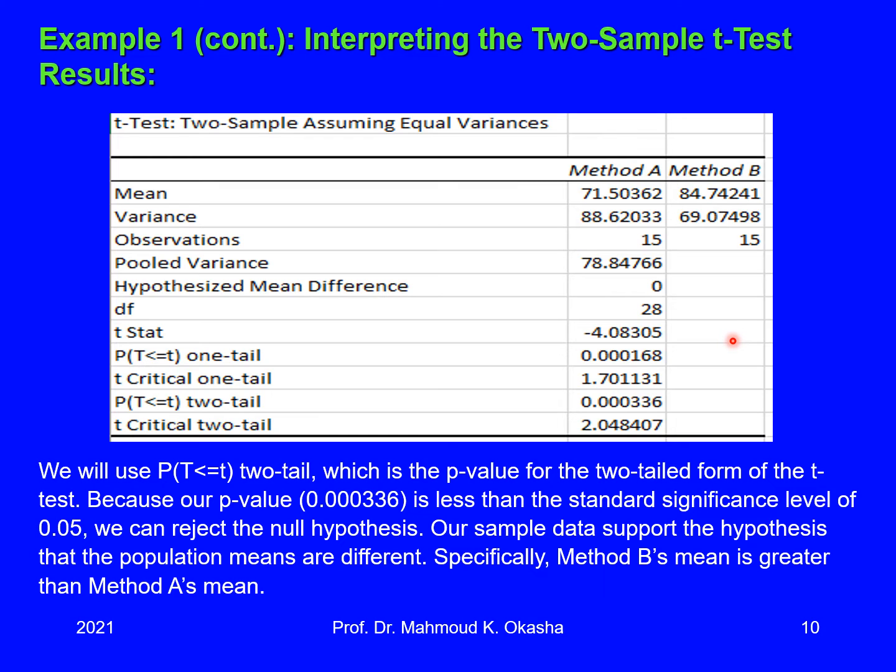Then actually there is a difference between method A and method B, and usually because this sign is minus, then method B or method 2 is significantly better than method A. So we have two different methods of learning. We have good evidence to say that. Right?